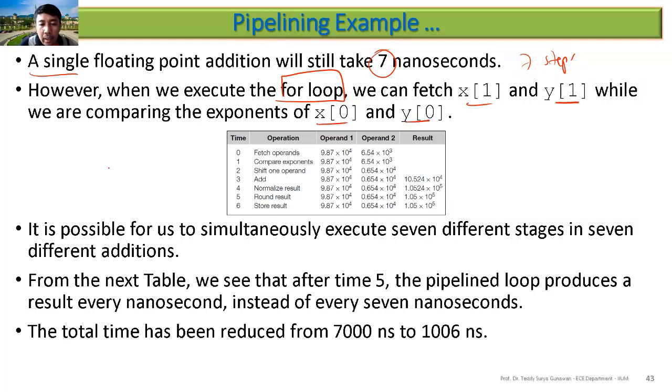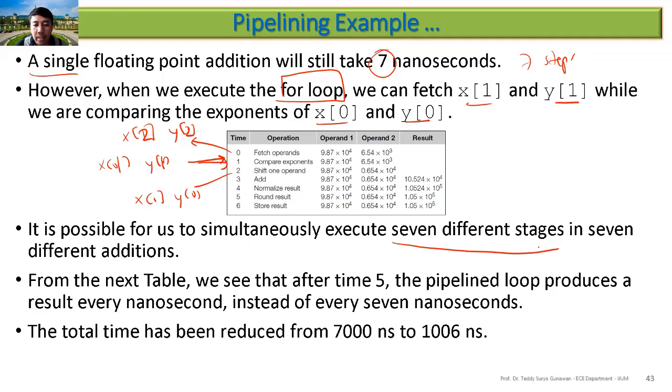That means x0, y0 is already on the second step, so we can fetch x1 and y1. Then this one will be x2, y2, and so on. So it is possible for us to simultaneously execute 7 different stages on 7 different additions.